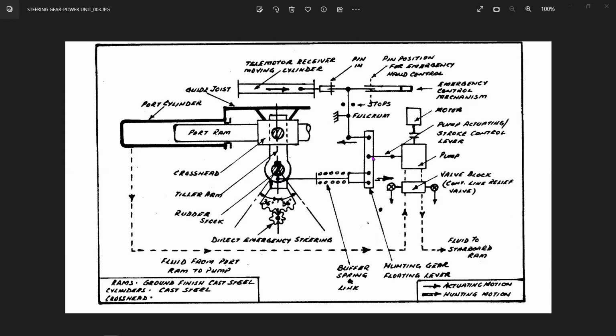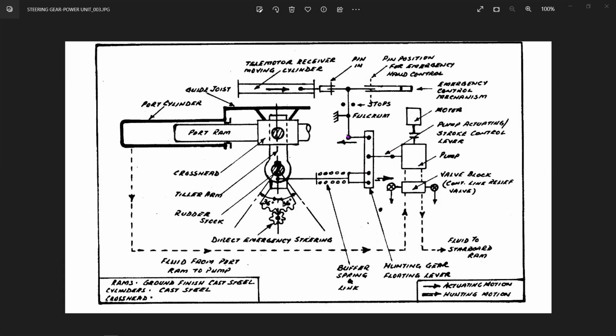So the other pump will also be connected on the other side to the same floating lever, or you have two floating levers, two control levers like this, one control lever on one side, one on the other side, and both pumps on either side.